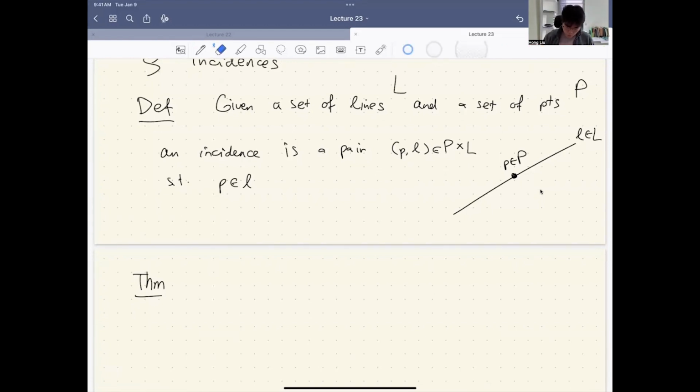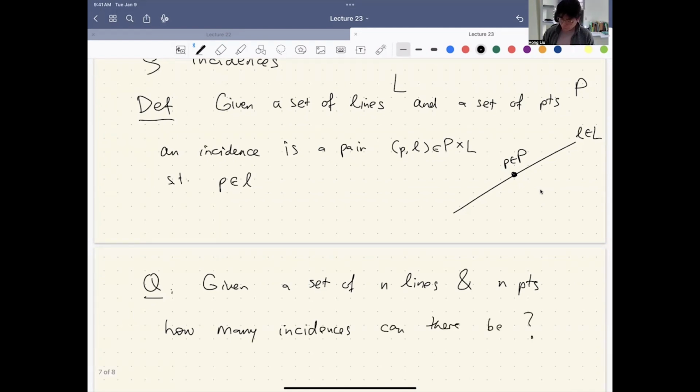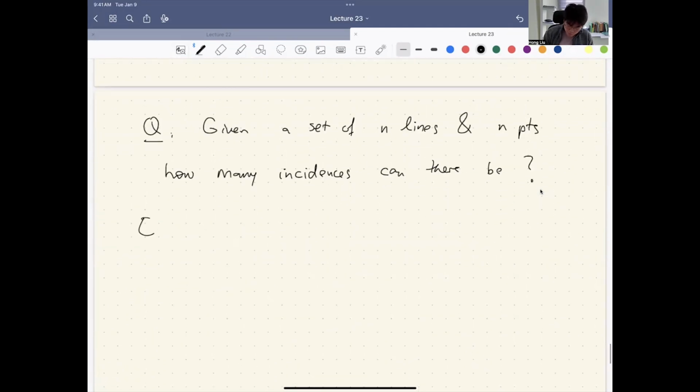Okay, maybe let me start with something easy. The question is, given a set of n lines and m points, how many incidences can there be? Let's try to get an easy bound: the number of incidences is at most n to the 3/2.